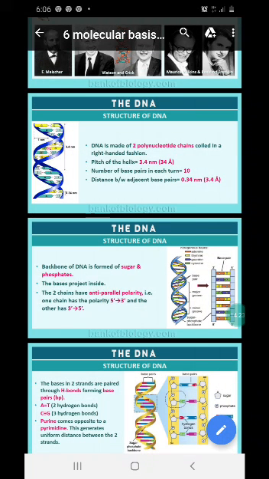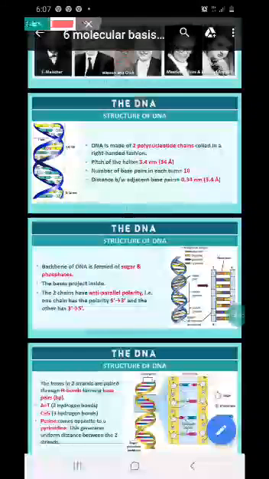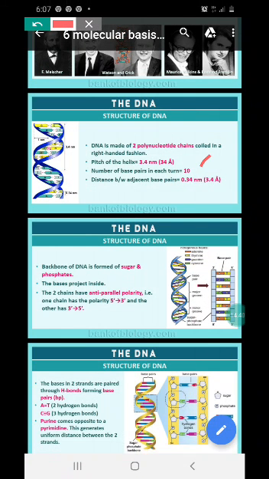So children, DNA is made up of 2 polynucleotide chains coiled around each other in a right-handed fashion. In each of these coils you can find nearly 10 base pairs, and this is called the pitch.